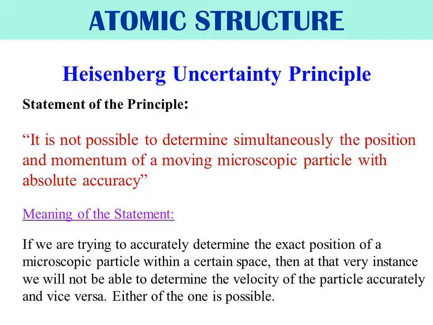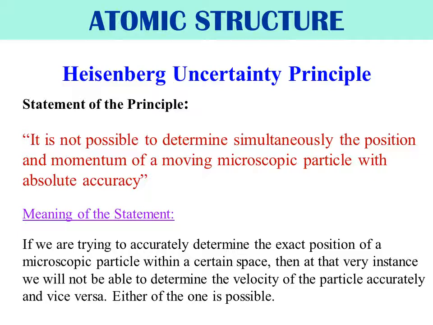So if we want to locate the exact location of a particular microscopic particle with accuracy at a very instant of time, right now, for example, where is this particular electron, then we will not be able to identify that accurately.